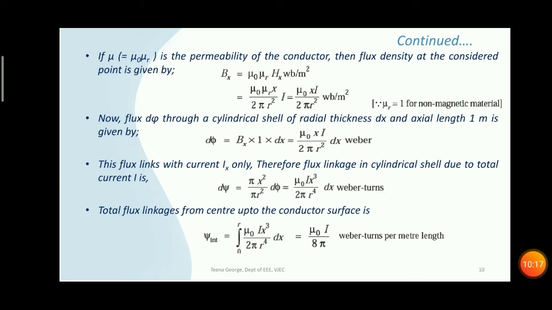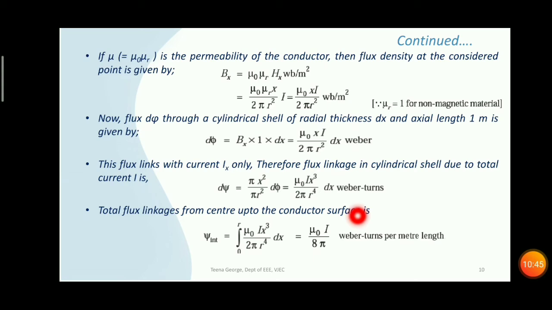Then this is d psi at distance x due to total current I, but we have to find the flux linkages from center up to the surface of the conductor, that is internal flux. Phi internal equal to integral 0 to r mu 0 I x cube by 2 pi r raised to 4 dx. It is equal to mu 0 I by 8 pi Weber turns per meter length.